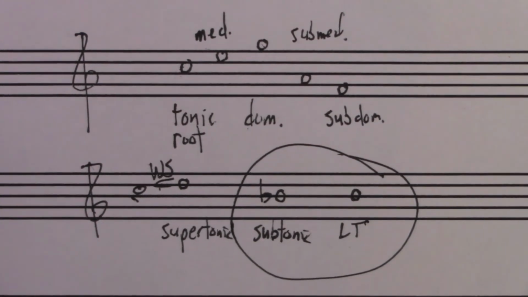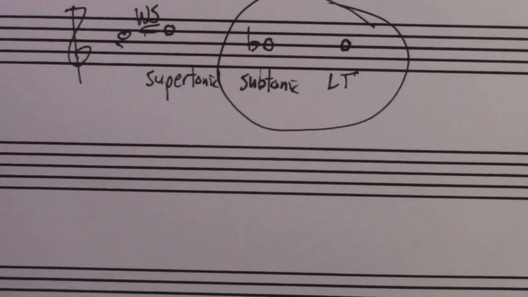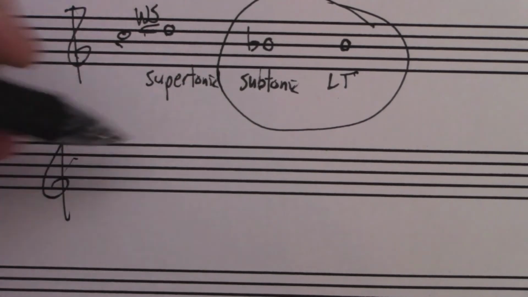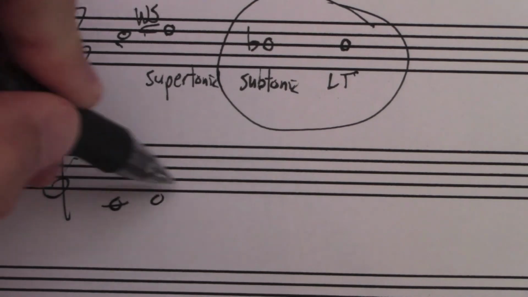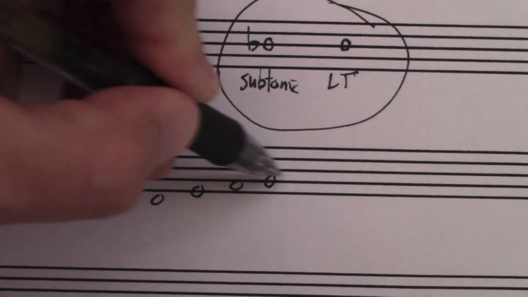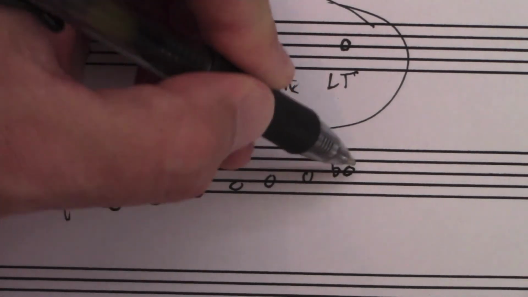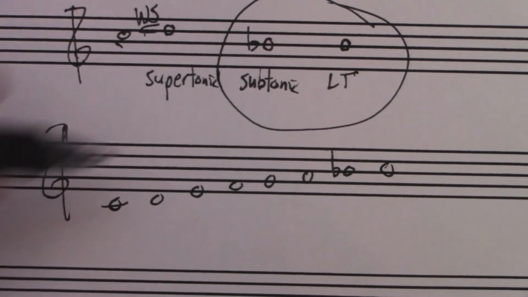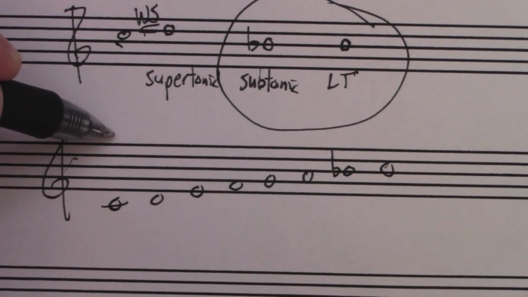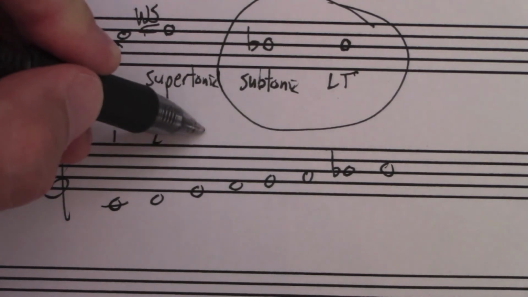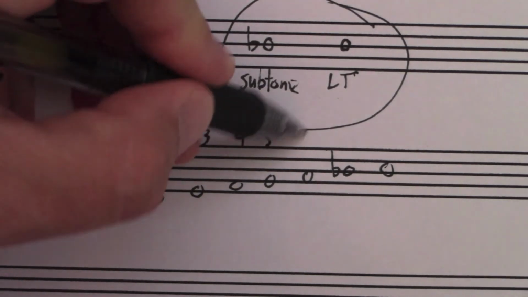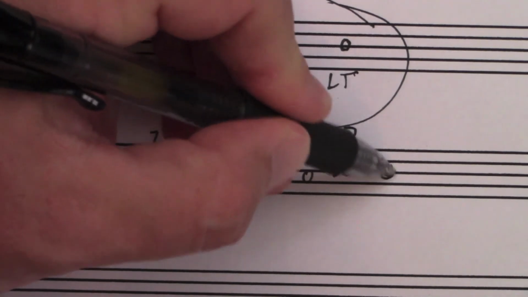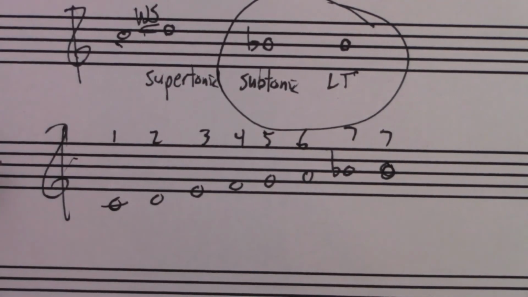Now, if you want, you could also think of it this way. Here's our C major again. And just think of the scale. Remember, we have to put our subtonic in there. So this is scale degree 1, scale degree 2, scale degree 3, 4, 5, 6, 7, and 7.